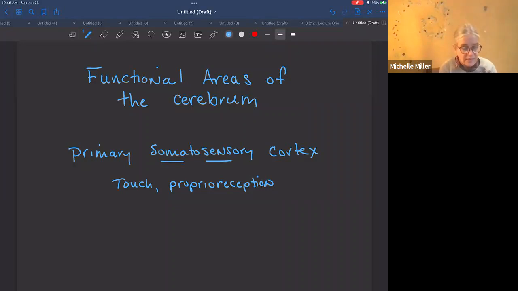So this is the conscious sensation. Okay, so that's my primary somatosensory cortex.